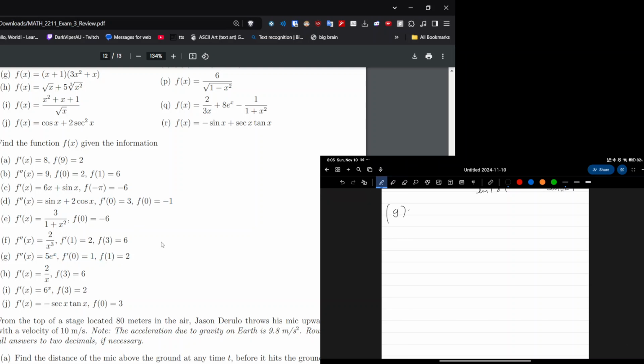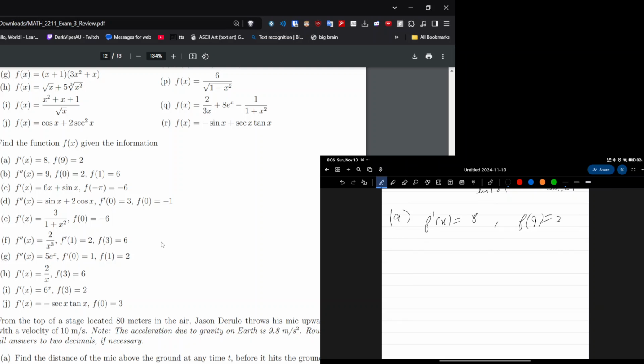Okay. f double dash of x equals 5e to the power x. Let me actually first start with A, because I want this lecture for everybody and for the person who is struggling. Okay, let's say it's A. f dash of x equals 8 and f of 9 equals 2.